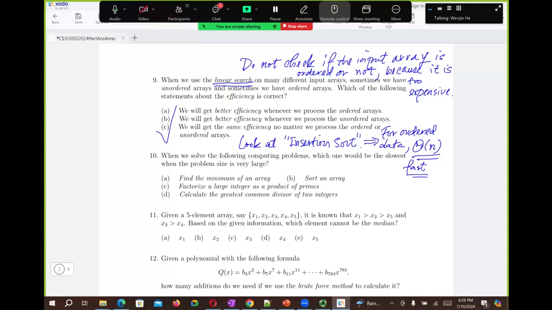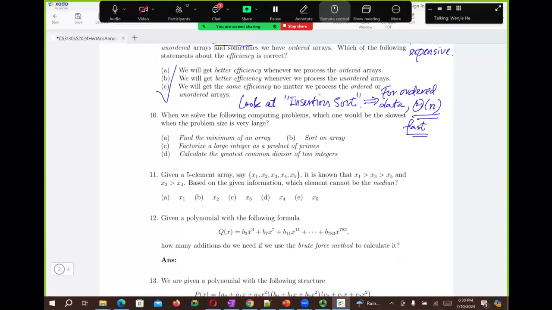That's the main difference between these two algorithms. After you learned insertion sort, you can understand this point much better. All right, let's move to the next question.